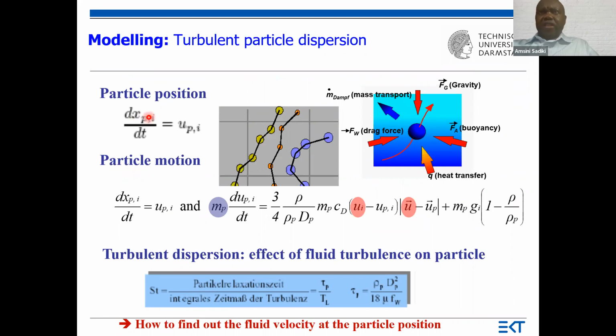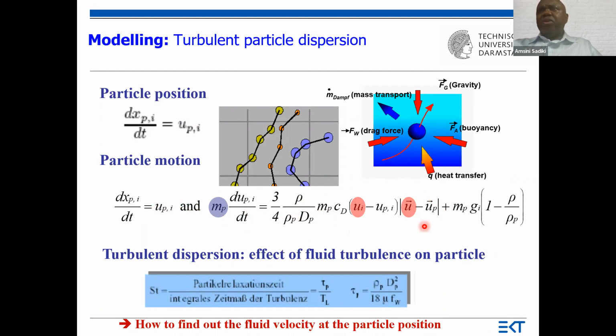We know that if we base it here on the Lagrangian approach, as you are doing now, we have the particle position, the velocity, the particle motion with different forces. From this, we get this with different forces.